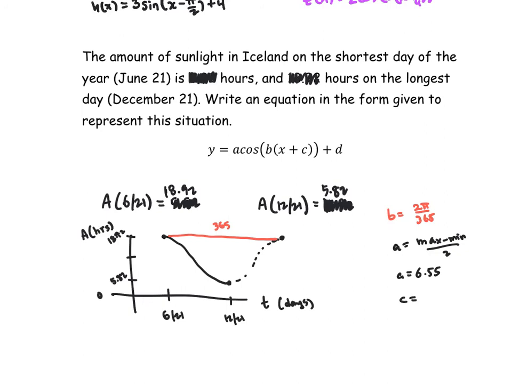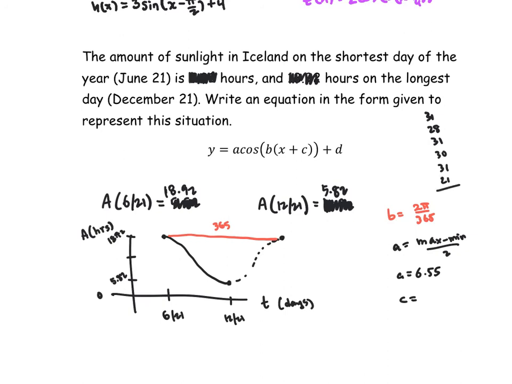C, if I'm using cosine, C will equal, let's call June 21st. What day of the year would June 21st be? Okay. January 31. Let's assume February has 28 days. March 31. April has 30. May has 31. June has 30, so let's back that up to the 21st.